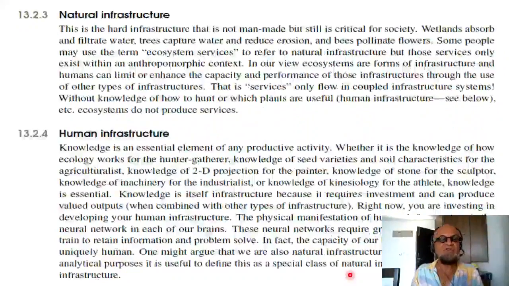Natural infrastructure, on the other hand, is hard infrastructure that is not man-made but is still critical for society. Wetlands absorb and filter water, trees capture water, reduce erosion, and can store carbon, and bees pollinate flowers. Some people may use the term ecosystem services to refer to natural infrastructure, but those services only exist within an anthropocentric context.